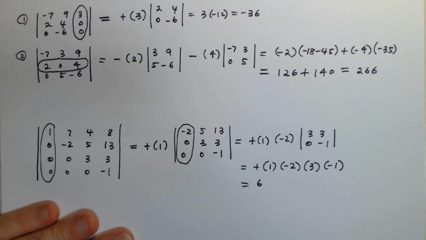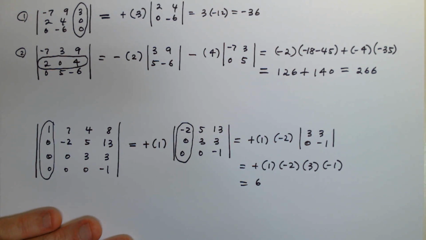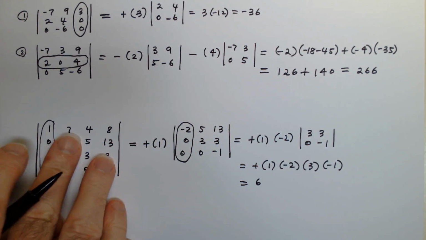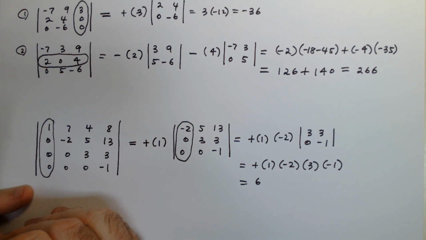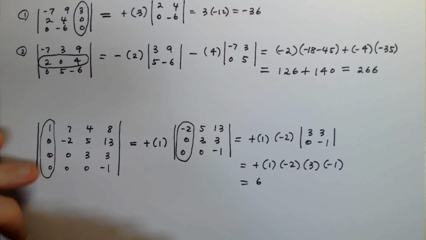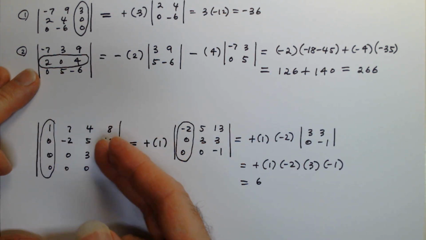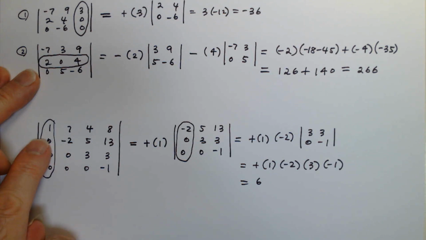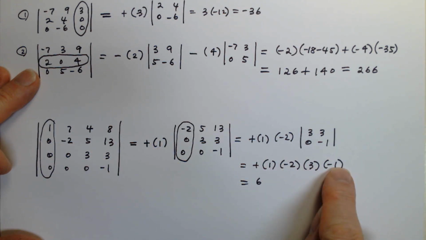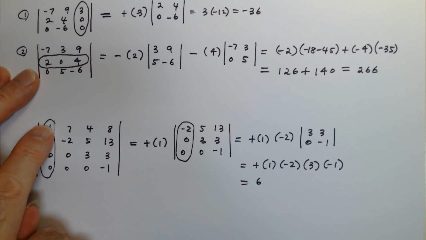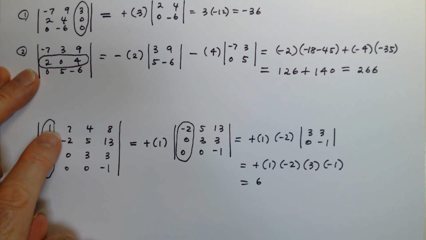Now what's special here, and we're going to want to make note of this, this is an upper triangular matrix. The same phenomenon would hold if we had a lower triangular matrix. We could easily expand along that first row if this were a lower triangular matrix. But the point is, because it's a triangular matrix, by the time we're finished calculating our determinant, what we actually have is just the product of these diagonal entries.